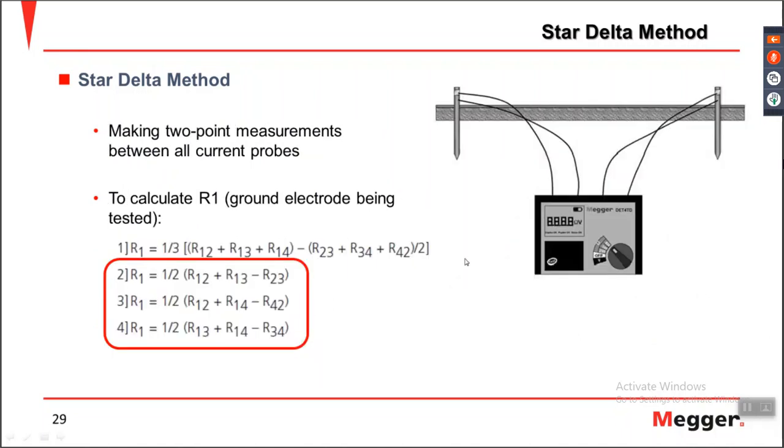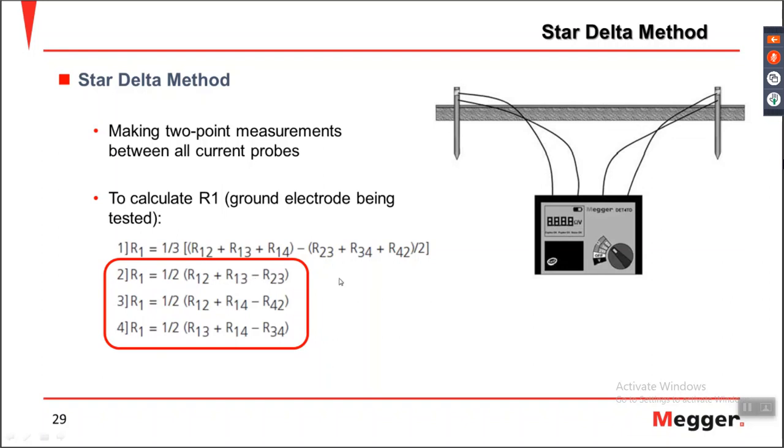After you get six measurements, you can calculate R1, the ground electrode being tested, with this formula: R1 equals half of R12 plus R13 minus R23.